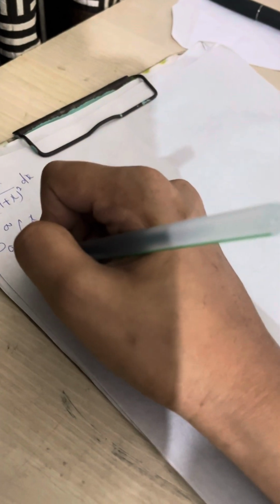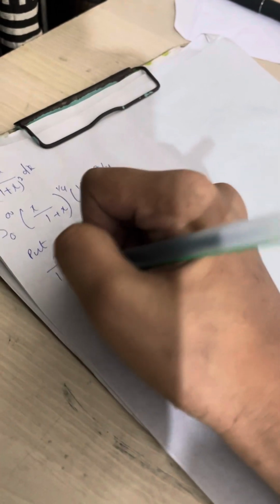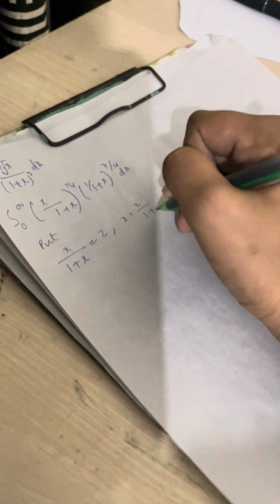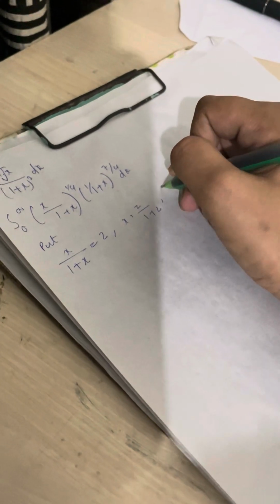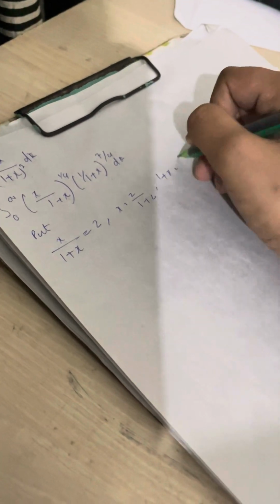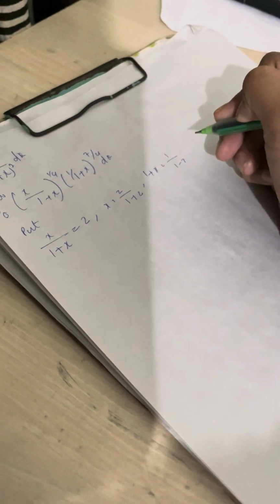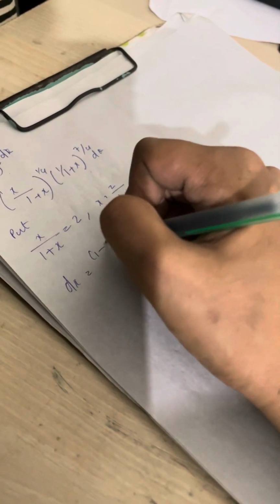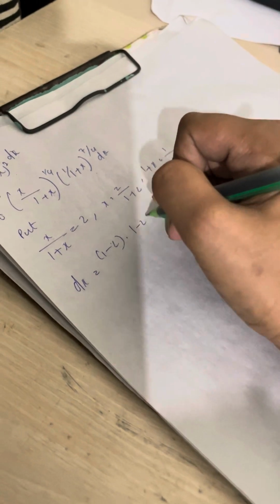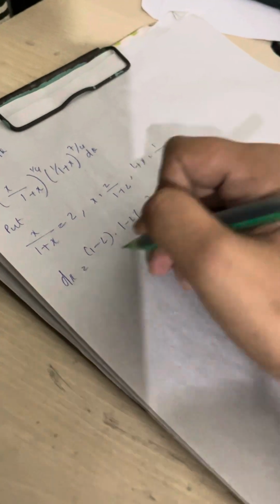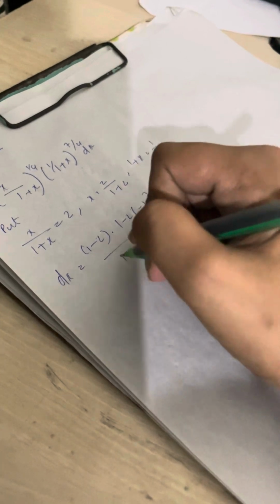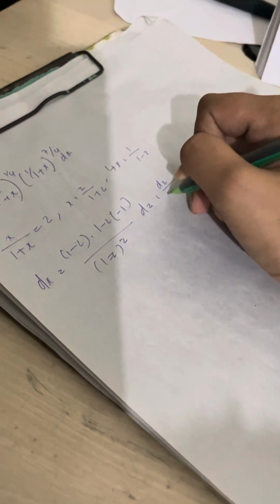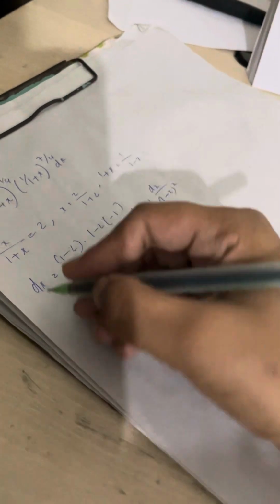and put x by 1 plus x equal to z, then x is equal to z by 1 minus z, then 1 plus x is equal to 1 by 1 minus z. Hence dx is equal to (1 minus z) into (1 minus z) into minus 1 by (1 minus z) whole square dz, which is equal to dz by (1 minus z) whole square.